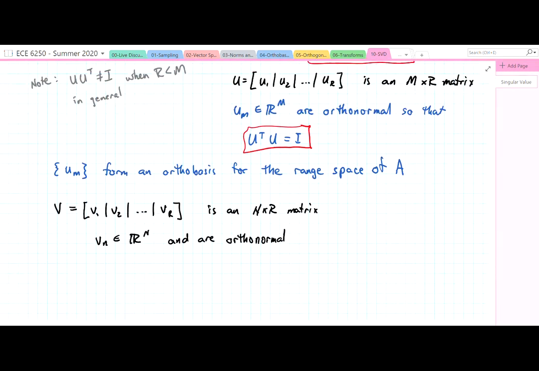Therefore, we have V transpose V is equal to I.